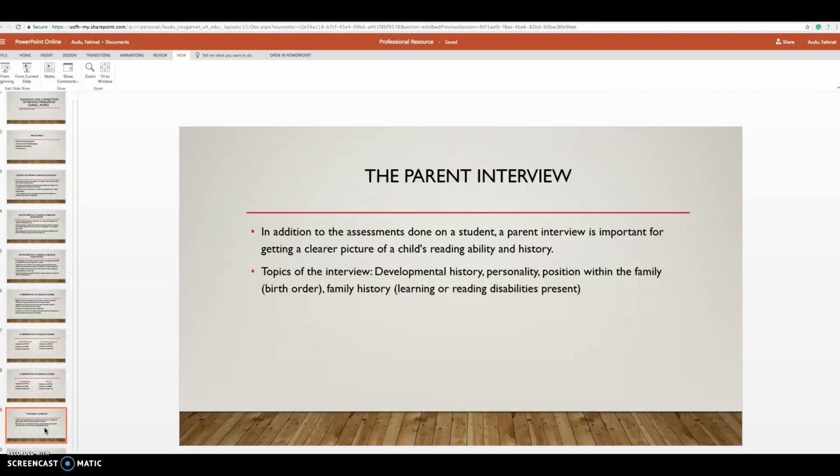Another example that was really informative for the parent interview was a child who was going through tutoring sessions and was just having different outbursts. And in the parent interview, they learned that 2 years prior, the child had been in a car accident where they lost their twin. And the father who was driving felt so guilty about it, since he was the one driving, that he left the family.